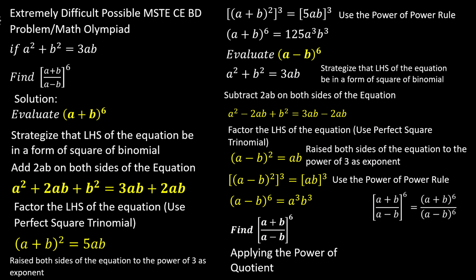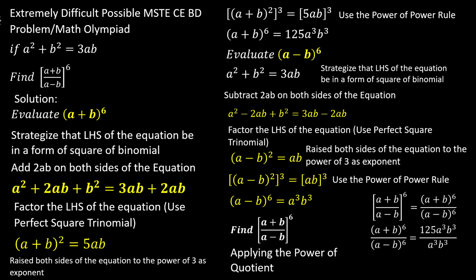But we have already calculated the value of (a plus b) raised to the sixth power and also (a minus b) raised to the sixth power. What we must do now is the direct substitution process. The value of (a plus b) raised to the sixth power is 125 a cubed b cubed, while the denominator (a minus b) raised to the sixth power equals a cubed b cubed.